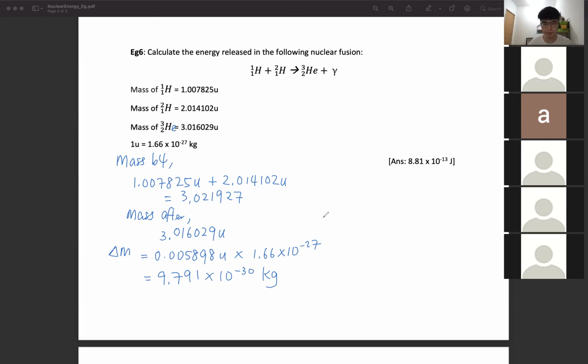Okay, so we get the mass defect in kg, then we use E equals mc squared, times 3 times 10 to the 8. Don't forget to square. A lot of students forget to square this one. Then you get E is 8.81 times 10 power negative 13 joule.